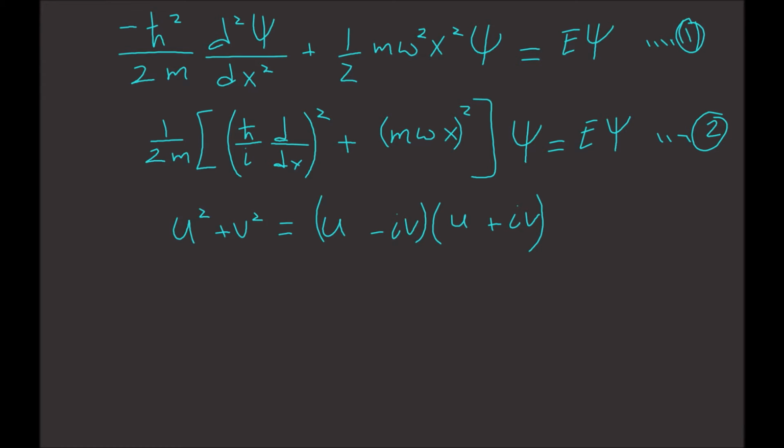The reason I want to say this is because here in the bracket we have an item plus another item, and both of them are squared. So if you think you can do it this way, you're wrong. You can't, because these are operators. d dx and x are operators, and usually operators do not commute. So in our case, uv is not equal to vu, because we have a derivative in here.